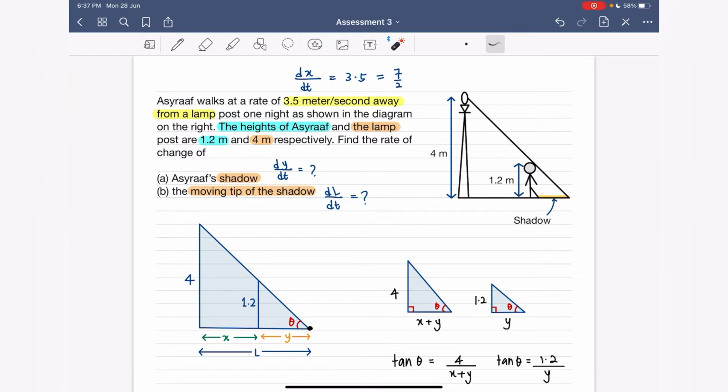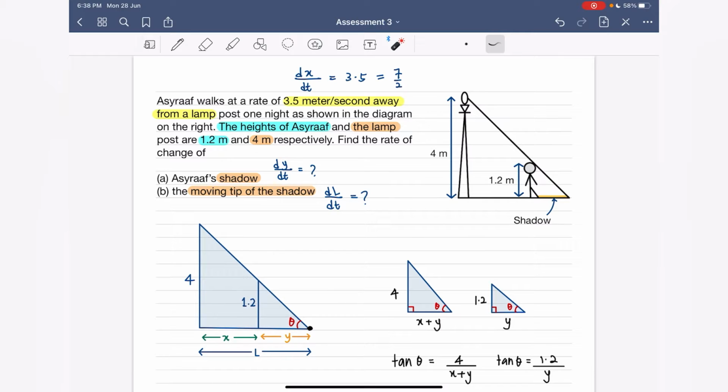When the tip of the shadow moves, that is equal to the rate at which L is changing. So part B is looking for dL/dt. So, how do we calculate dy/dt and dL/dt? And how do we get the equation?